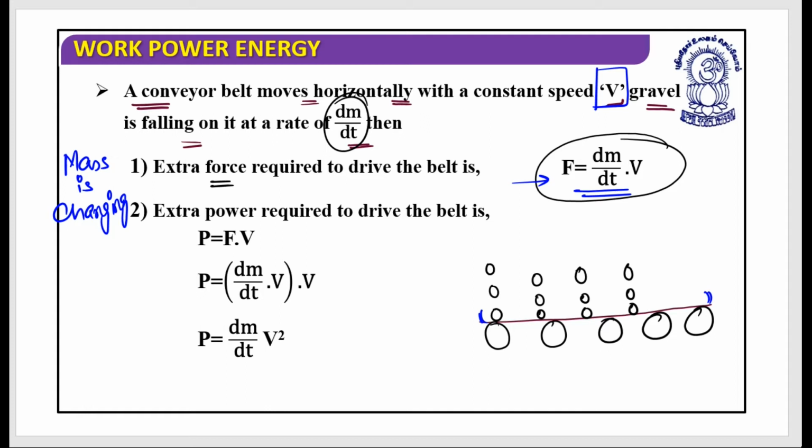I hope this is clear. Now let's suppose I want to find out the extra power required to drive the belt. This is equal to F dot v. F could be written as v dm by dt, multiplied by v. So P is equal to dm by dt into v square. I hope this is clear.